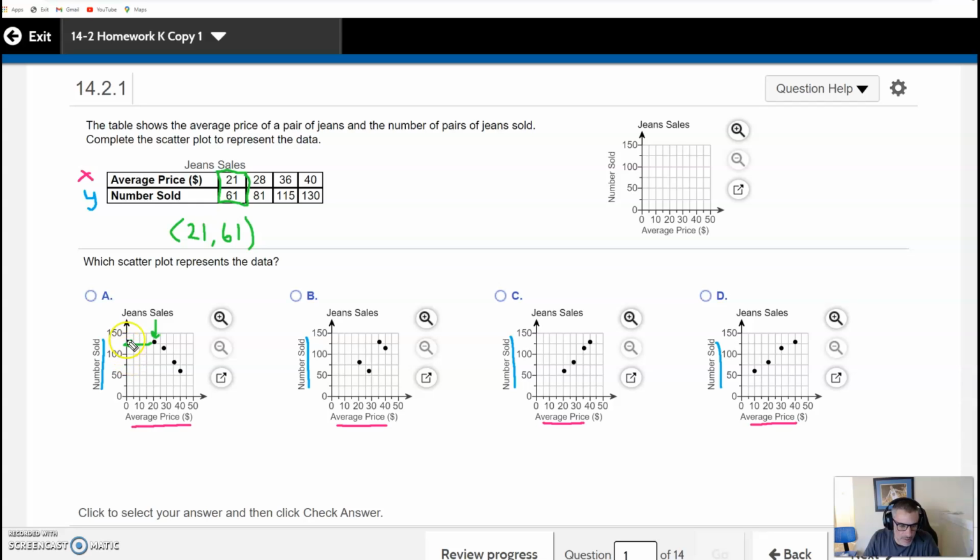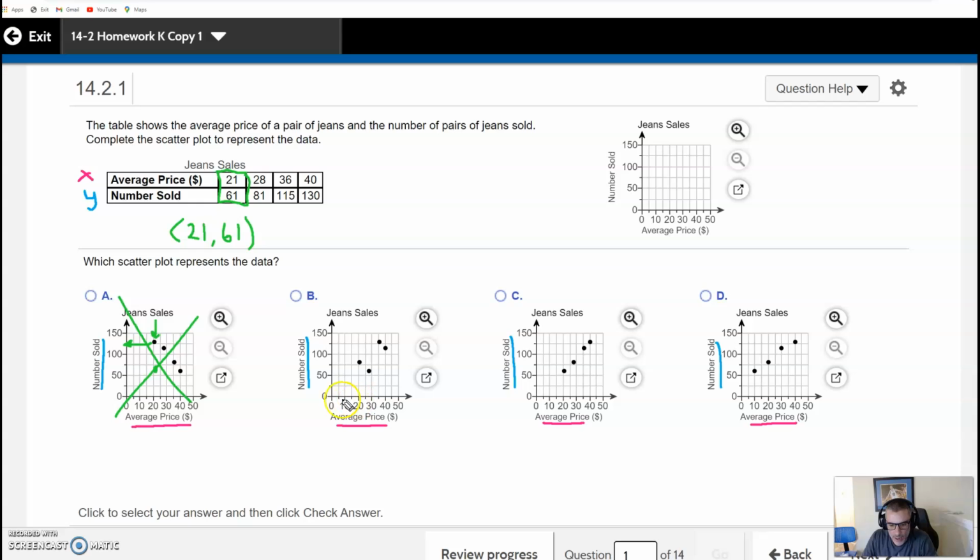Whatever it is, it's above 100, right? So I can look at this graph and know that it does not include the point 21, 61. The point 21, 61 would be somewhere right around there. So I can cross off this graph. Can't be that one.